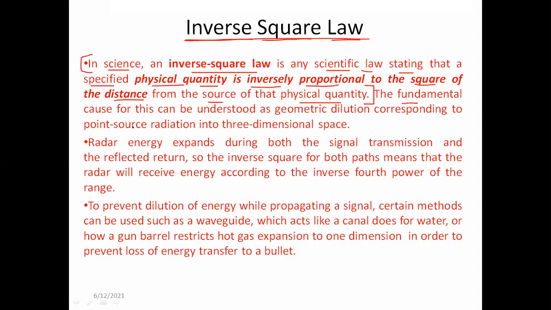Next, the fundamental cause for this can be understood as geometric dilution corresponding to point source radiation in three-dimensional space. The second example: suppose radar energy expands during both the signal transmission and the reflected return.